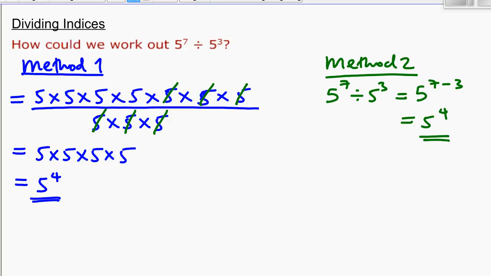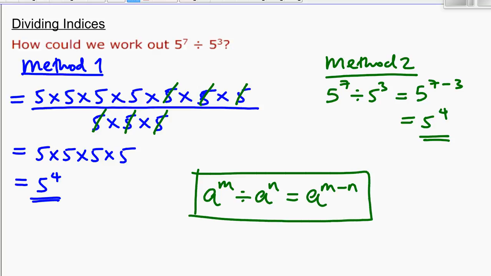So you can generalize and say that a to the power m divided by a to the power n is the same as a to the power m minus n. And that's a very important result.